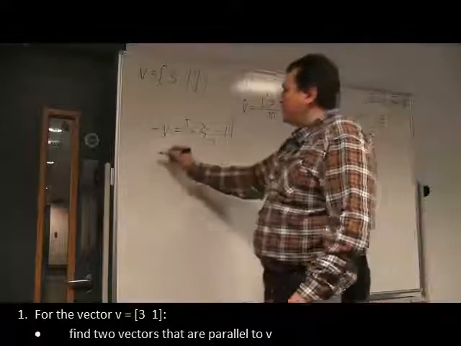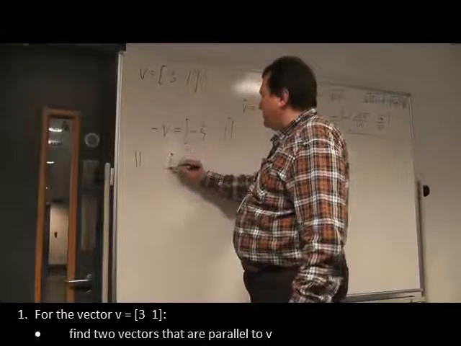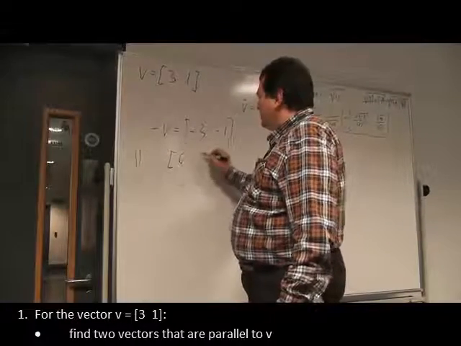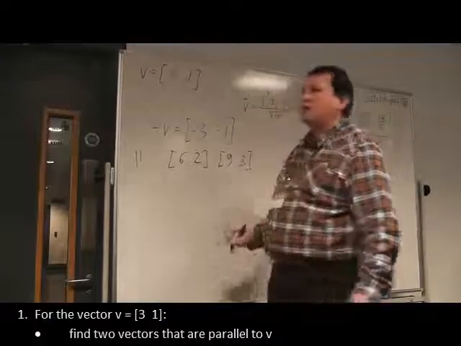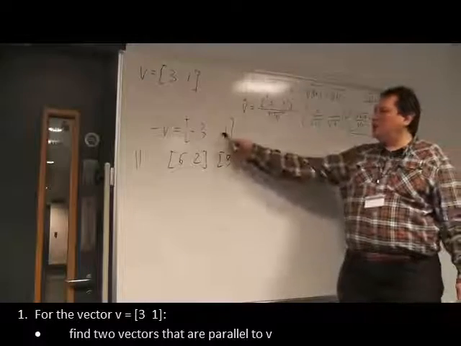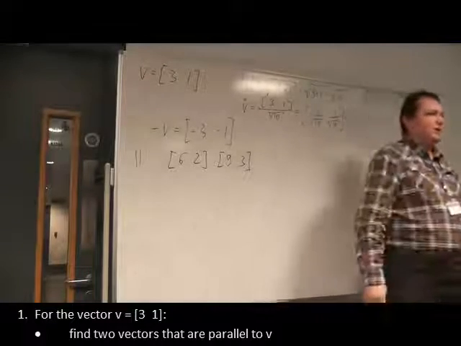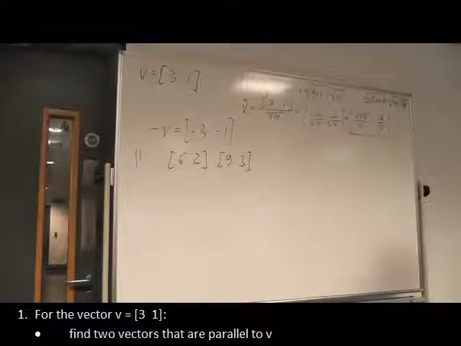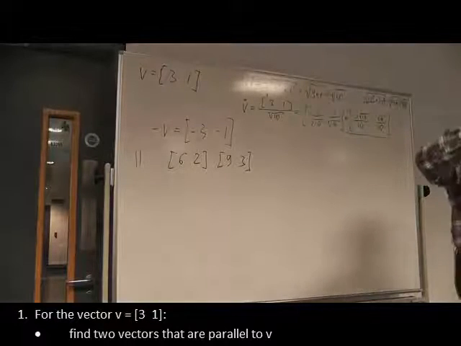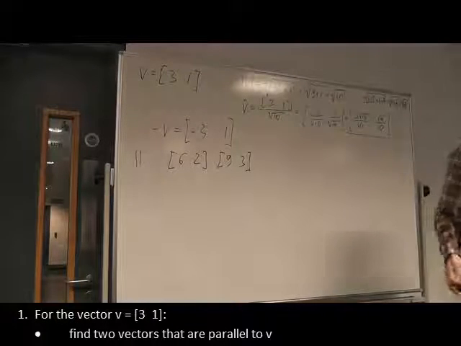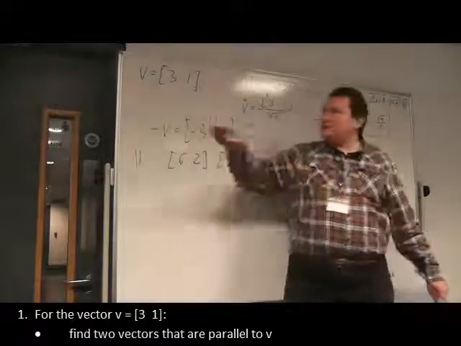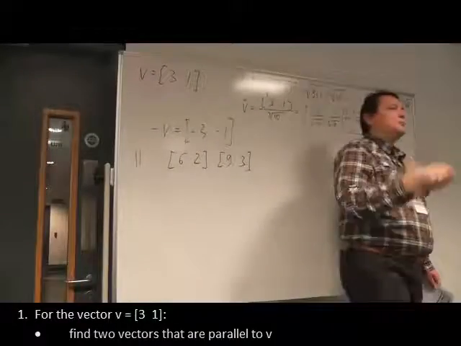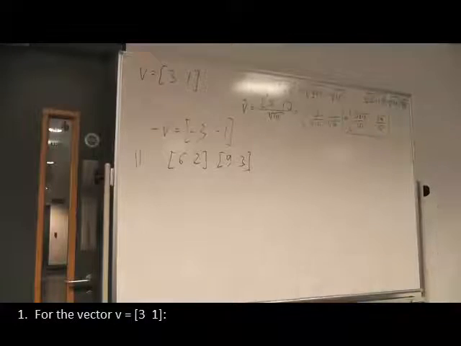So examples of parallel vectors are 6, 2, 9, 3. This is also technically a parallel vector. This is the inverse vector, so the vector pointing exactly in the opposite way, but still it is parallel to this because it's the v vector multiplied by minus 1.